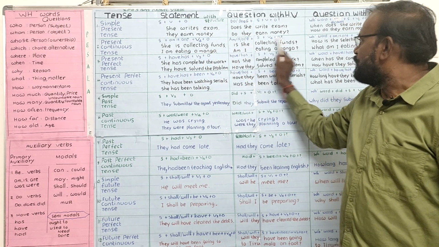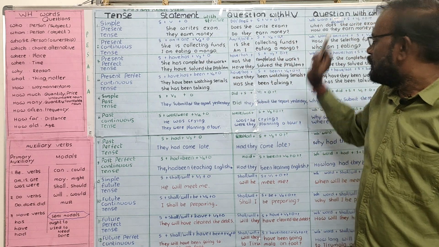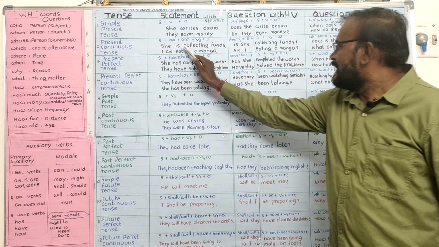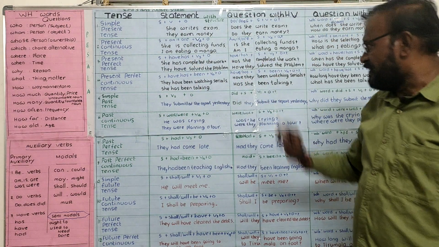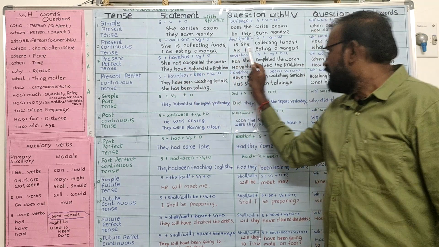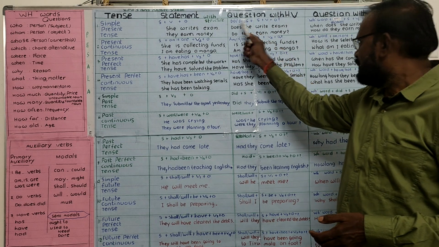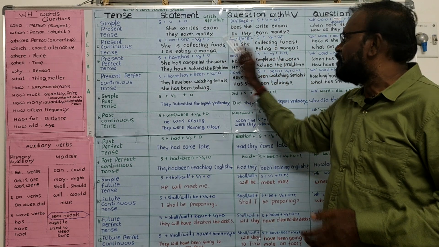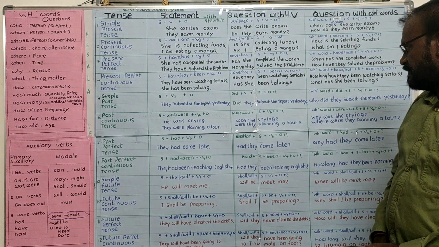It is the process of making statements into yes or no type questions. Is she collecting funds? I am eating a mango. Am I eating a mango? Like this, just replacing the subject and the helping verb, we frame these types of questions.